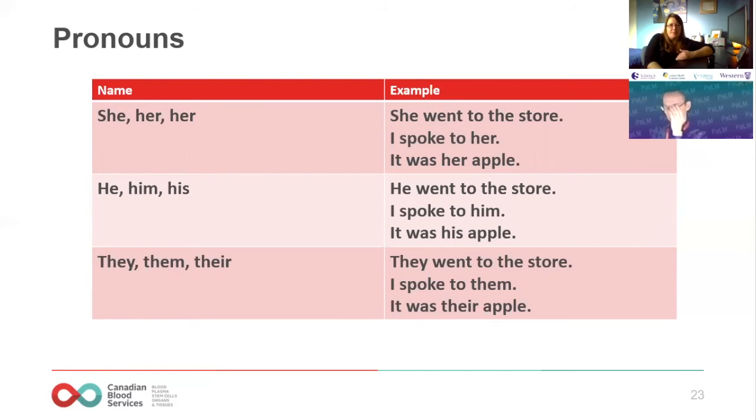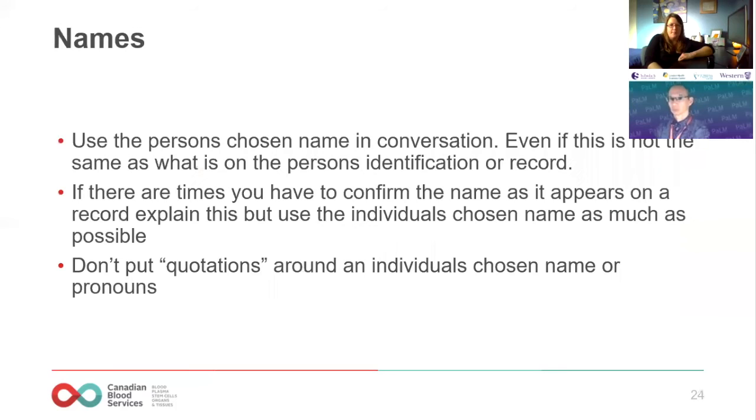For example, some non-binary people may choose to use she, her pronouns, or he, him pronouns, or they, them pronouns. But using a person's pronouns is a cornerstone of conversation and is really the first step in having effective conversations with anybody, including trans people.